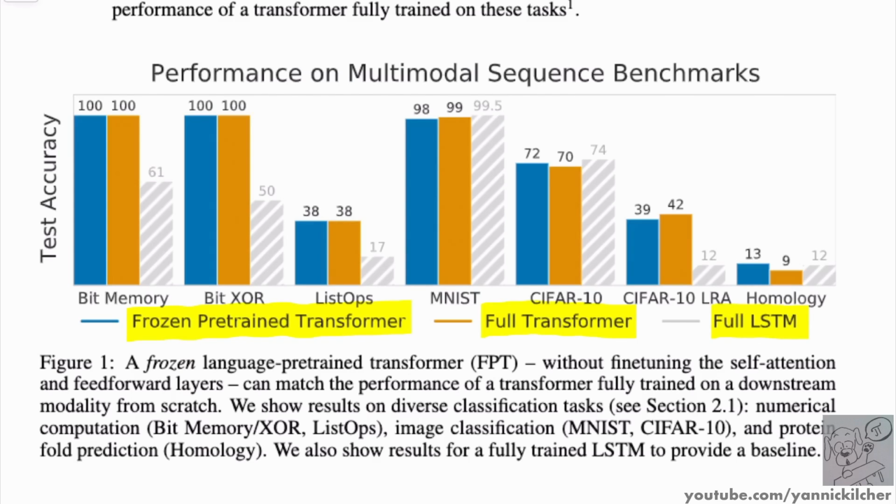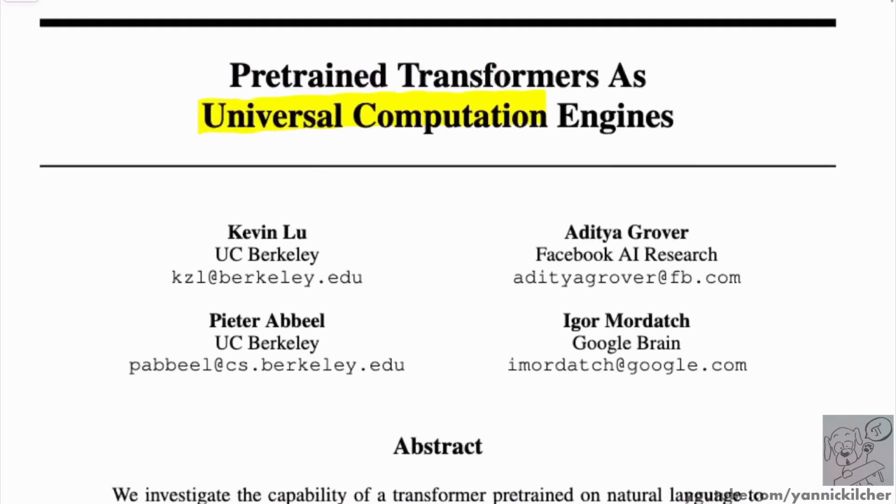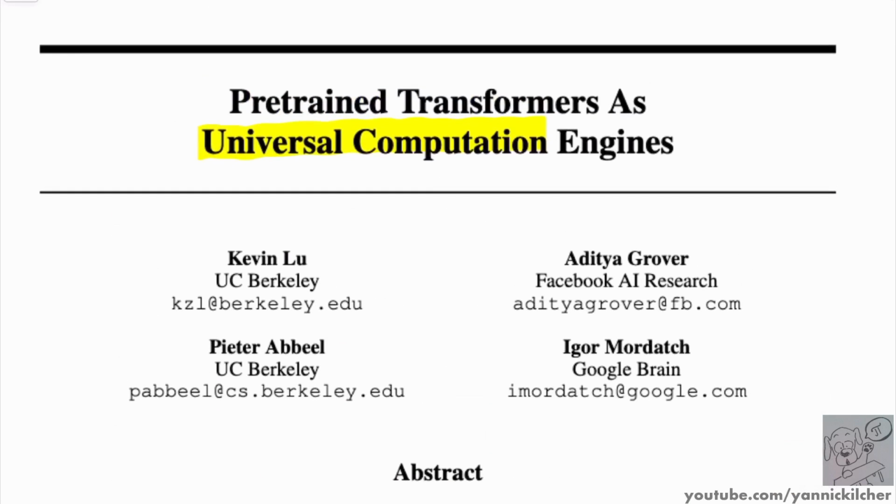So this is pretty interesting, and it gives rise to a number of questions about what happens in these transformers. So we're going to look at what the claims are and what the evidence brought forth by this paper is about why language pre-trained transformers are universal computation engines. And yeah, I'll have some comments on my own.